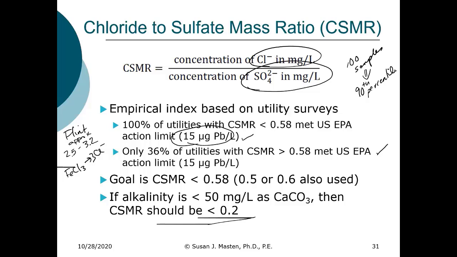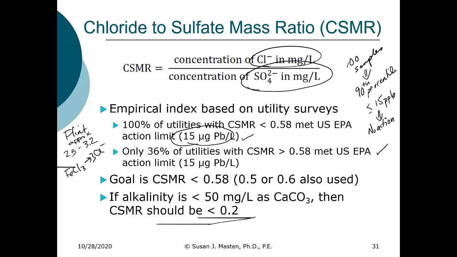So that means that 90% of the samples have a concentration less than or equal to 15 parts per billion of lead. There is no upper limit on that other 10% of the samples. If you meet that, then you meet the regulatory limit and there's no action needed.